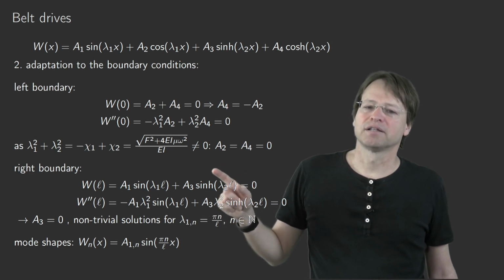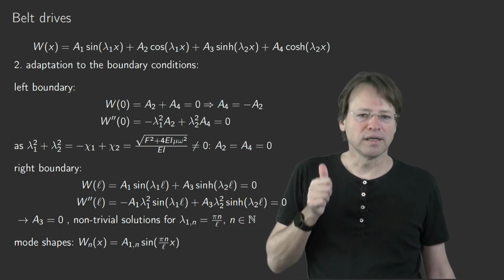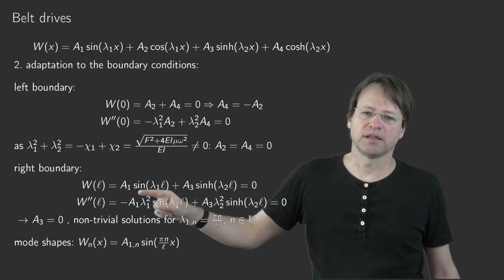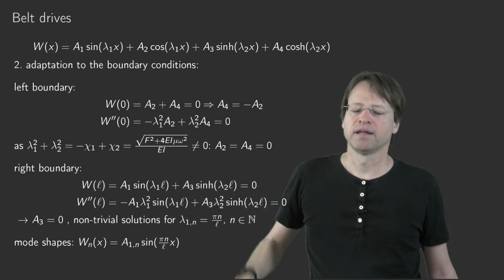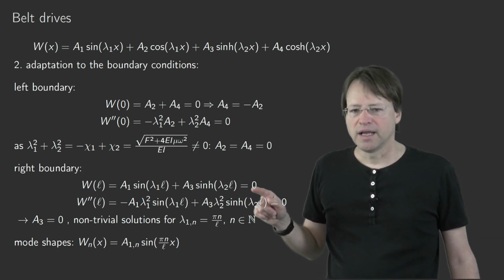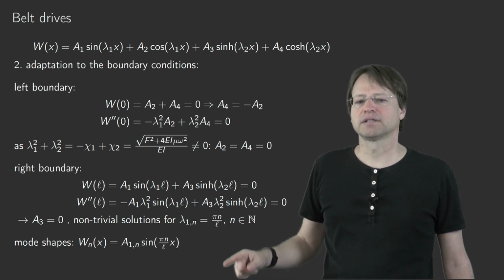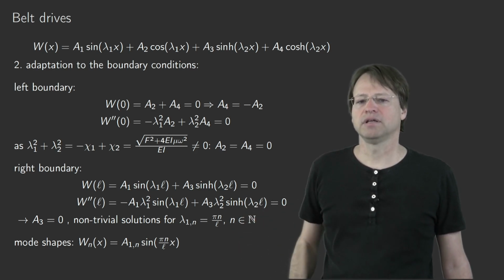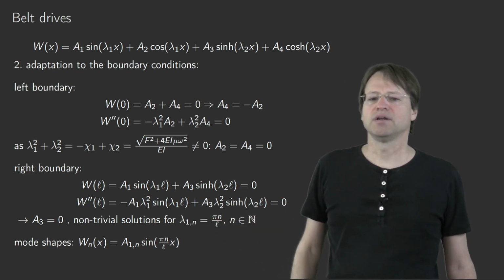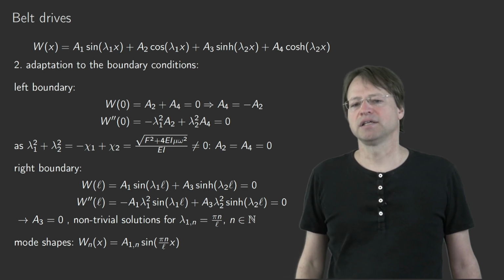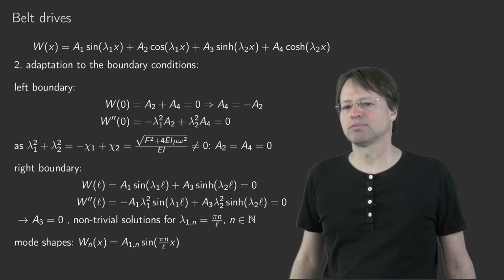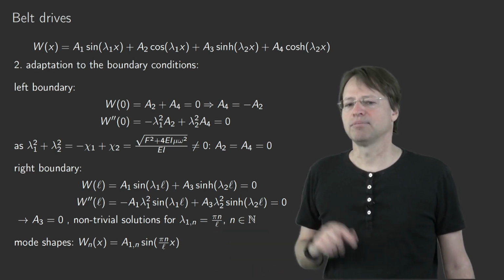So you will not get one eigenvalue, but what you will get from that condition is clearly a transcendental equation, and you get countably infinitely many of these values for lambda, because n is a natural number here. Pi times n divided by L would be possible values, possible non-trivial solutions, lambda 1n.